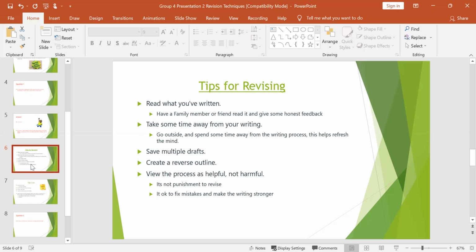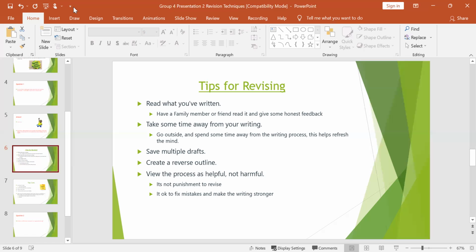Saving multiple drafts is always good. When you edit or revise an essay, save the previous ones so you know what you've deleted and can go back and reread what you wrote prior. And if something happens to the file, you always have backups. View this process as helpful, not harmful.